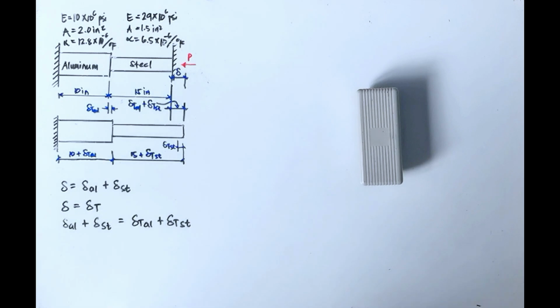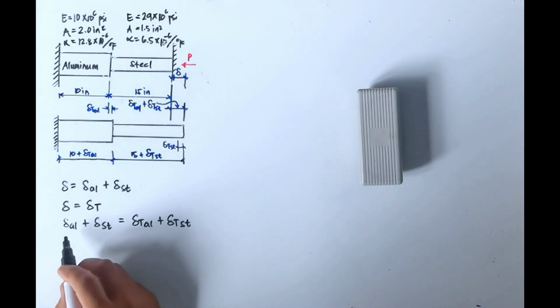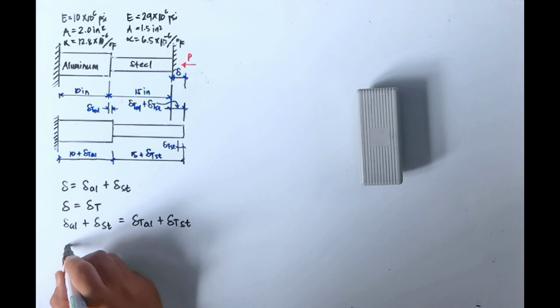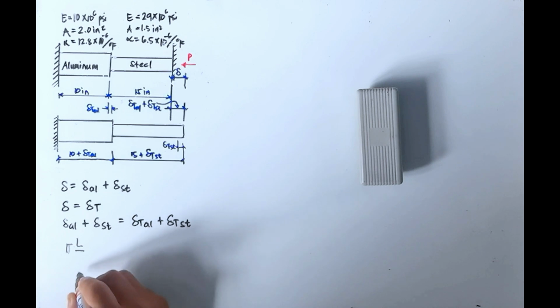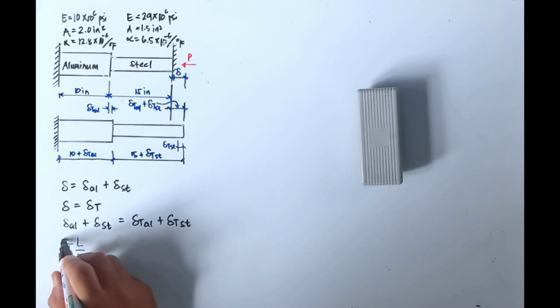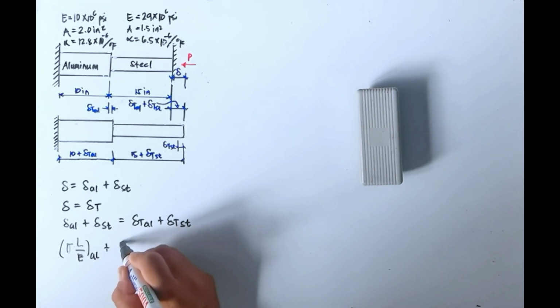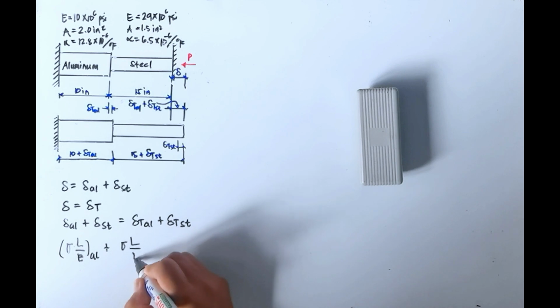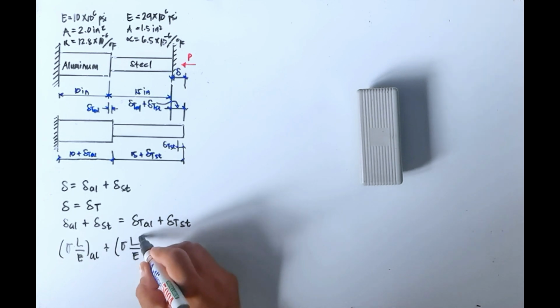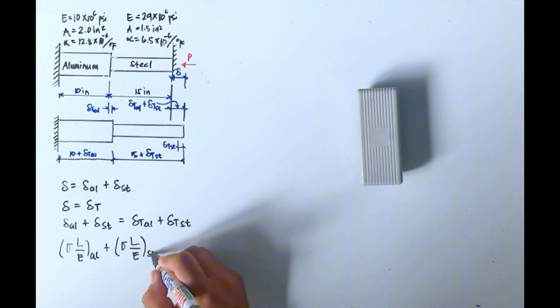We are asked to determine the increase in the stress for each material, so we will express this axial deformation in terms of stress. This is stress times length over modulus of elasticity for aluminum, plus again stress times length over modulus of elasticity for steel.